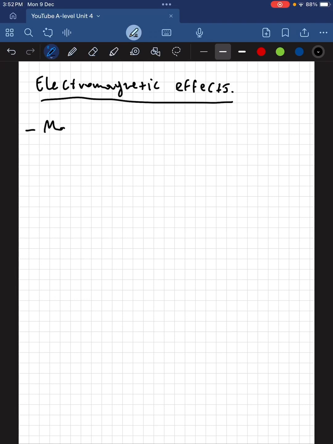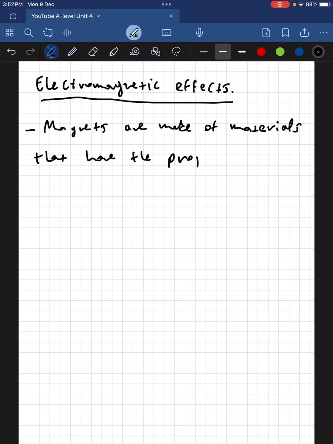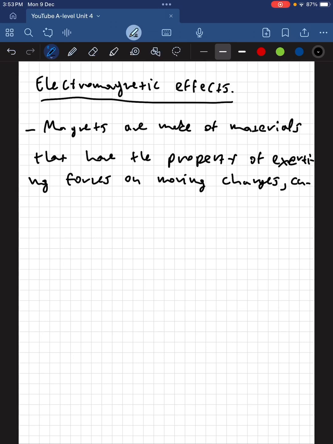So magnets are made of materials that have the property of exerting forces on moving charges, currents, and other magnets.